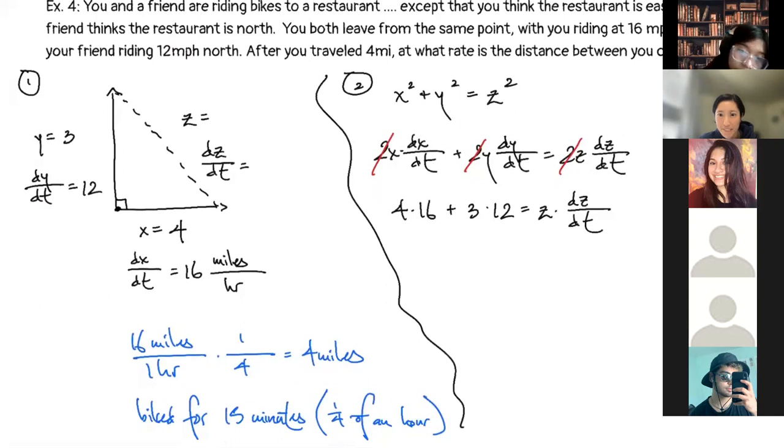All right. So I filled in the numbers. Turns out we still have two things that we don't know. But which one of those is the one that we want to find in order to answer the question?